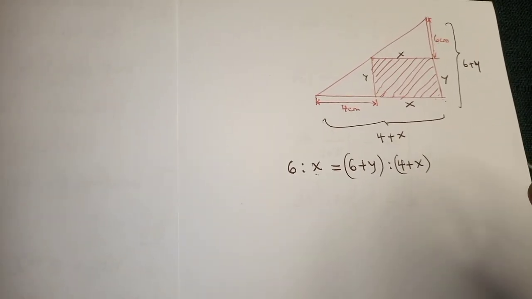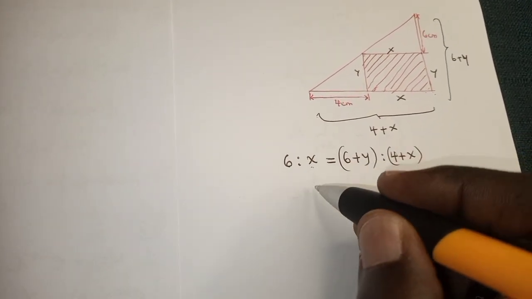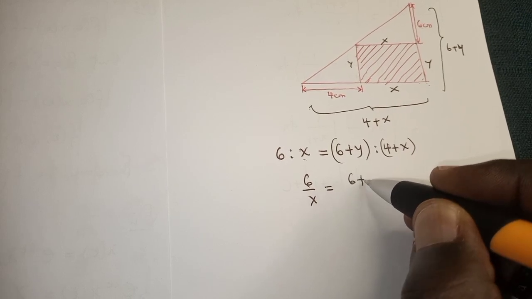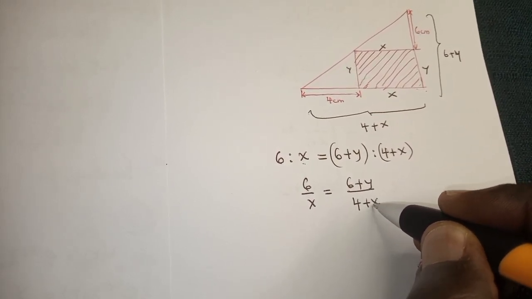Then we solve using the proportional approach. So we have 6 on x equals 6 plus y on 4 plus x.